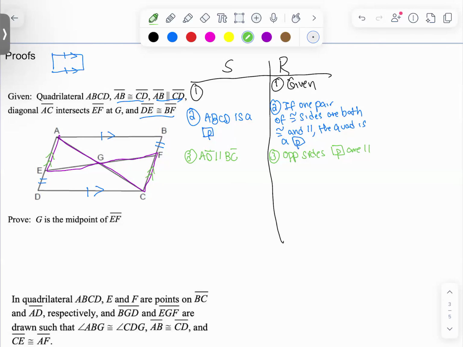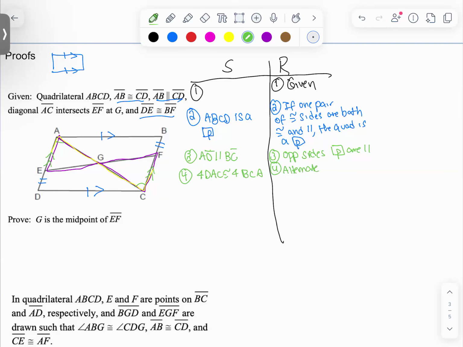And from there, I do have a letter Z, which you might have noticed. So I can say that the alternate interior angles are congruent because now I have parallel lines. So angle DAC is congruent to angle BCA.